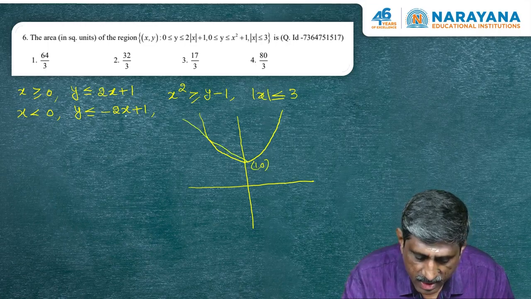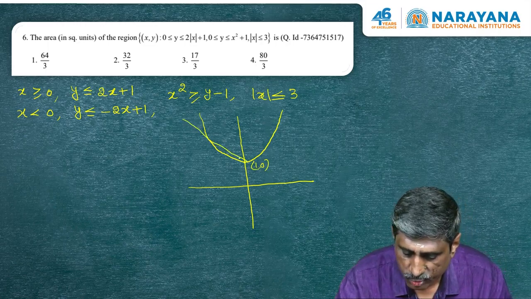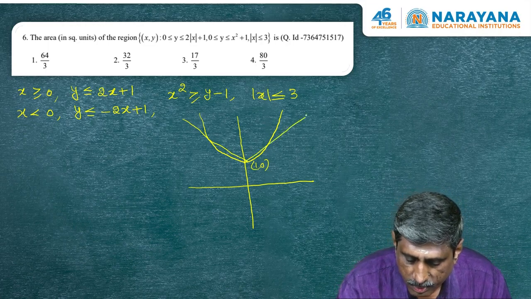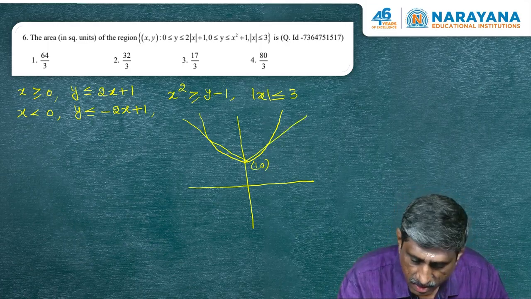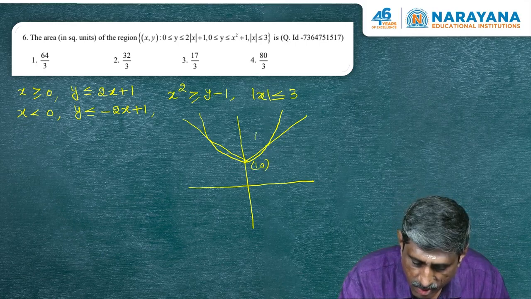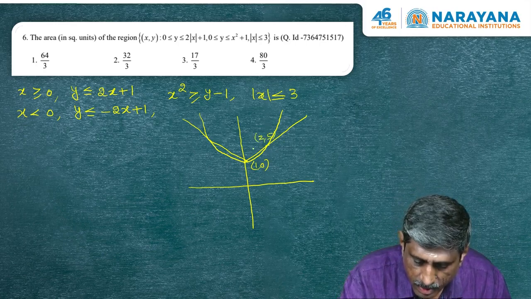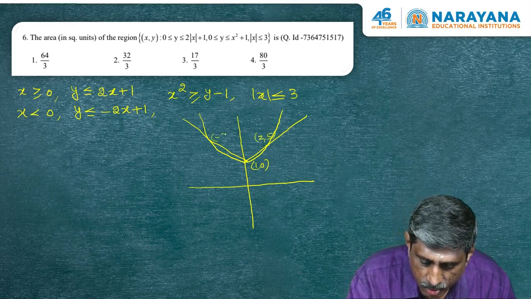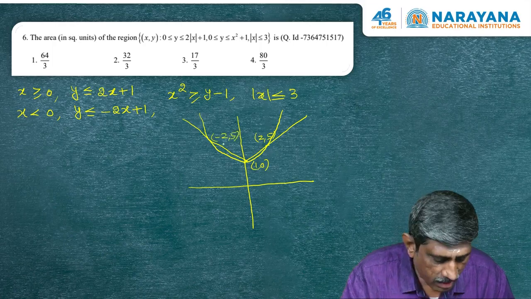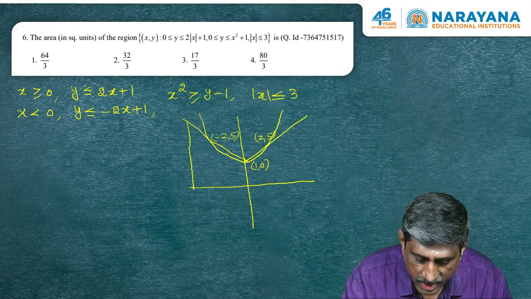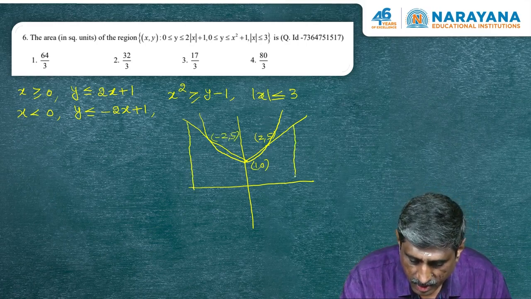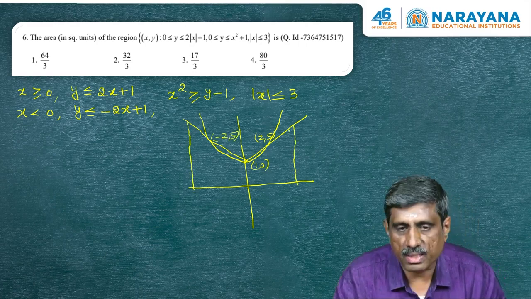This is y is equal to minus 2x plus 1 negative slope, y is equal to 2x plus 1 for x greater than 0 positive slope, and the points where they intersect are, this is the point 2 comma 5, and automatically this is minus 2 comma 5, and modulus of x less than or equal to 3 given, therefore here x is equal to minus 3 line, here x is equal to 3 line, we are asked to find the area of this region.